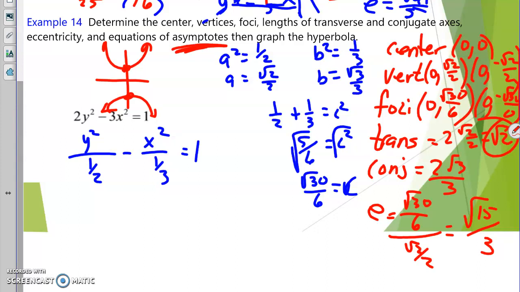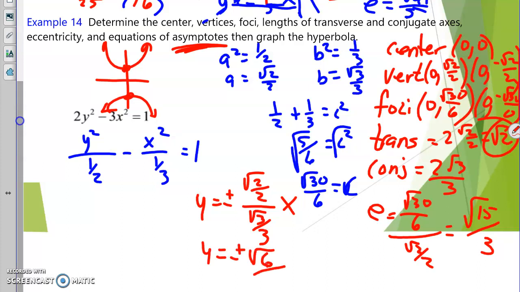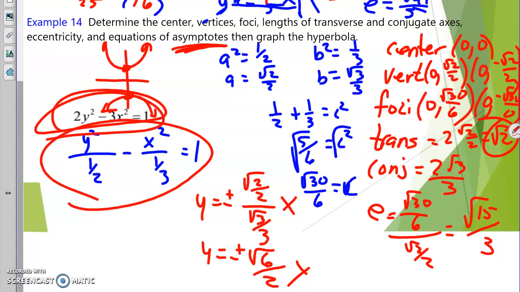In this case, my asymptotes are going to be plus or minus a over b, so the square root of 2 over 2 divided by the square root of 3 over 3, x. With a little simplifying, I get plus or minus square root of 6 over 2 x. The main reason for this one is how to deal with numbers in front instead of in the denominator, which all the other problems are going to have.